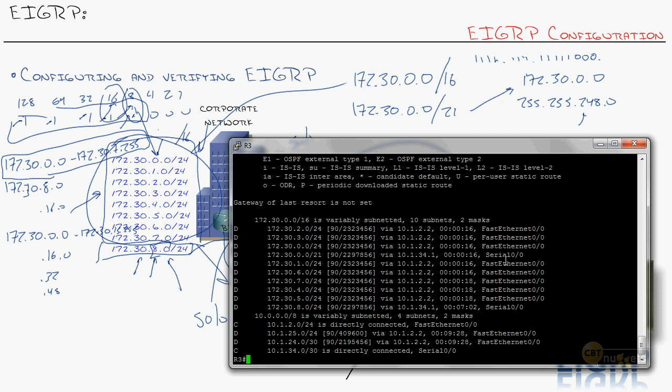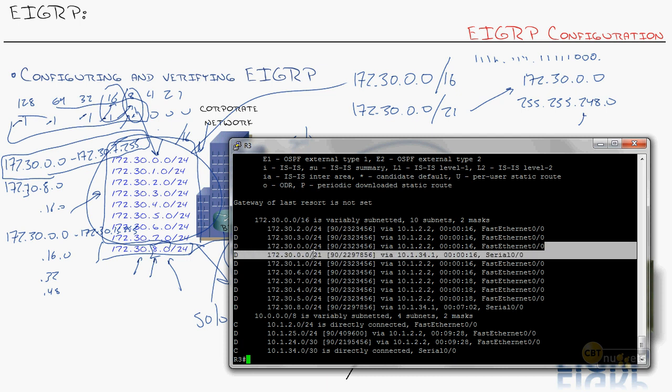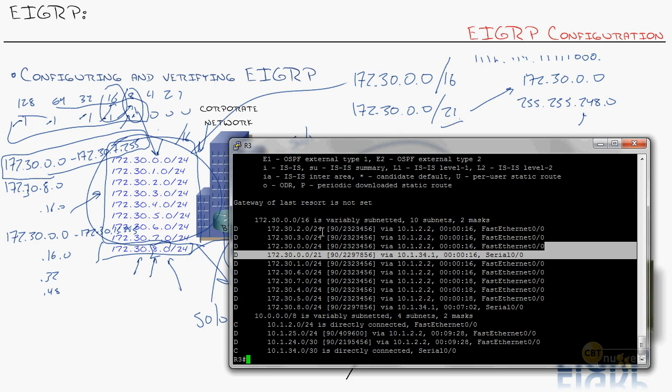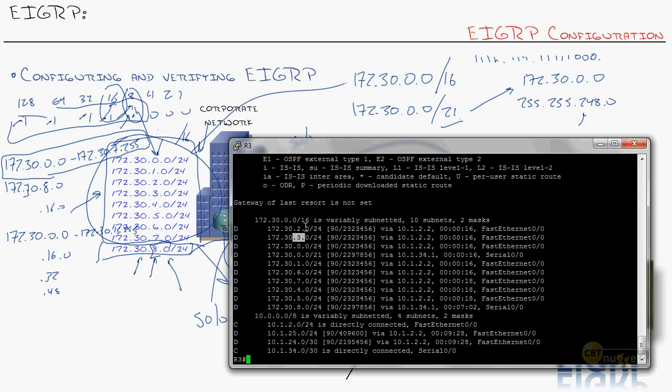Yes, I do. It's right there. See it? 172.30.0.0/21. You're going, okay, so you're seeing the summary route, then how come it didn't suppress all of these specific ones that fall under that summary? That's the whole goal of summarization, to smoosh down the routes, right? But we didn't. We've got all of those routes plus the summary.